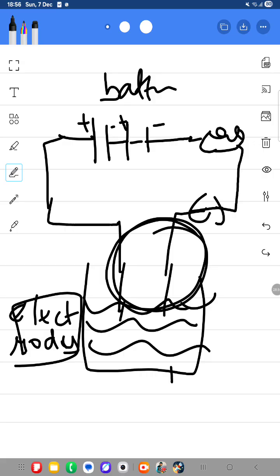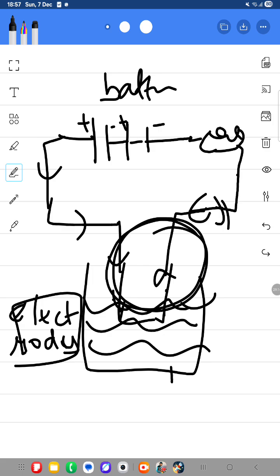When we switch on this circuit, the electricity, as I told you earlier, flows from the positive terminal to the negative terminal.